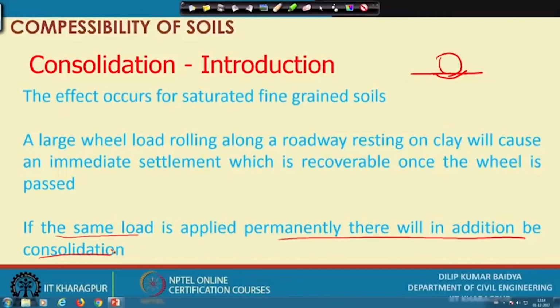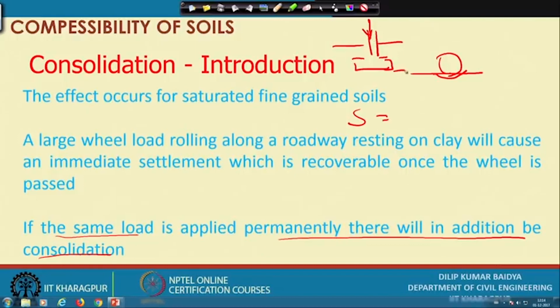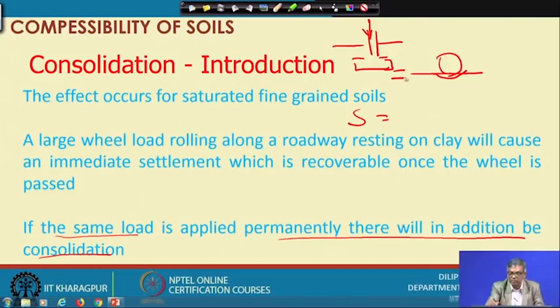That means if there is a foundation here and you have constructed over it, and load is applied through this, over time the foundation will settle by some amount. We will see it go downward. This amount of settlement is S.